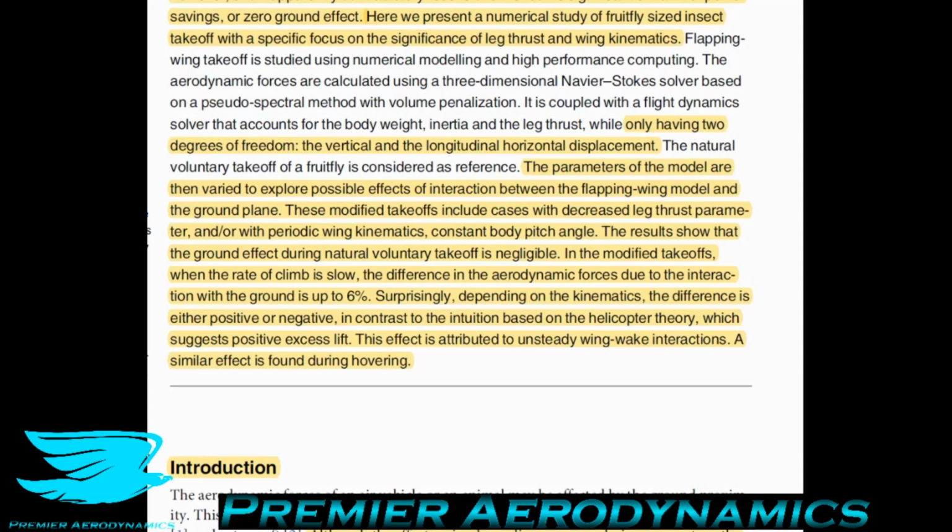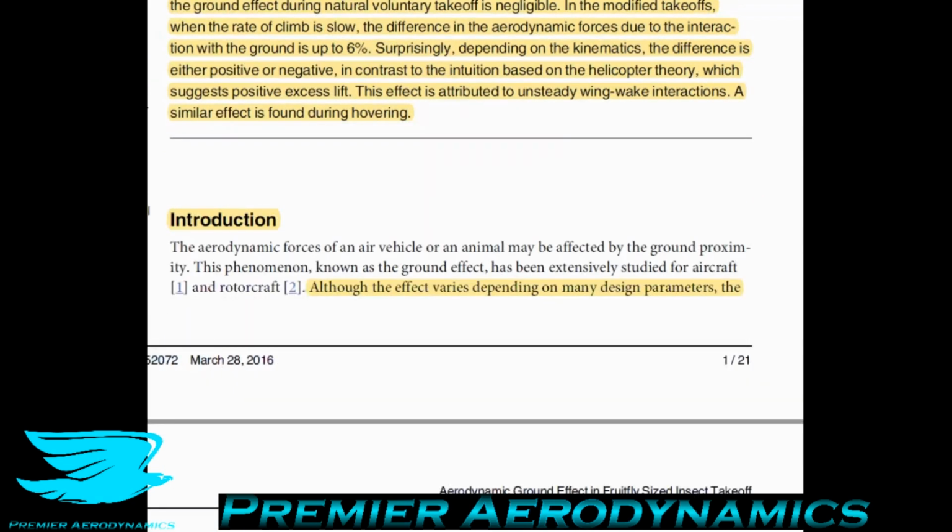So in other words, compared to a rotary aircraft in ground effect, which is always going to experience a positive ground effect, an insect with these modified parameters, so the modified wing beat and leg thrust, can experience either a positive or a negative effect. And they say that this is probably because of an unsteady wing-wake interaction. They also considered hovering, and they go into that a little bit as well.